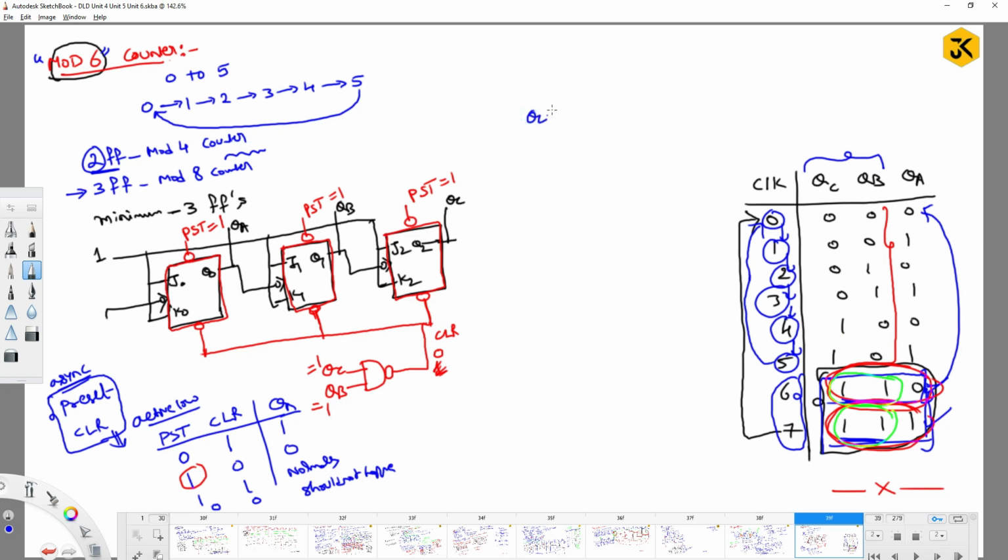If I take QC, QB and QA, we are going to have 8 values, right? So 0 1 0 0 0 1 1 1 1 0. Guys, here we are trying to construct the circuit for active low.